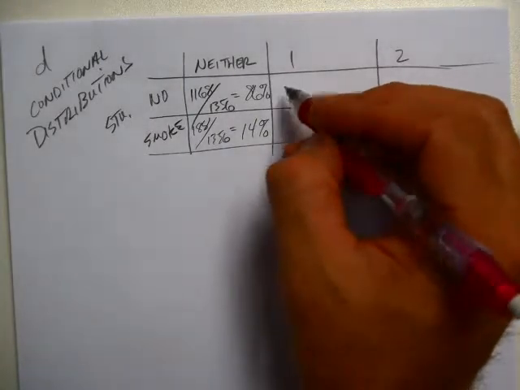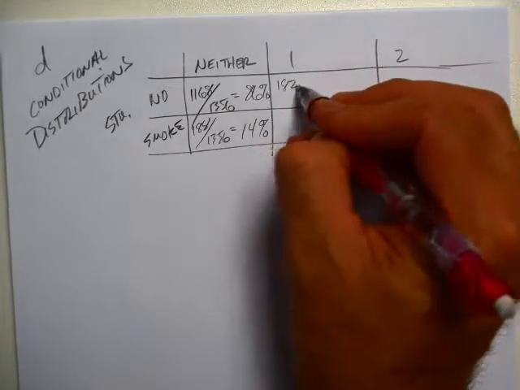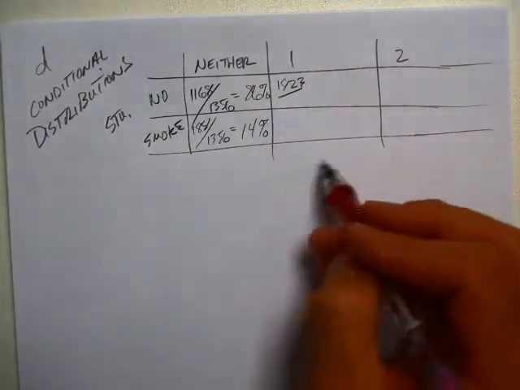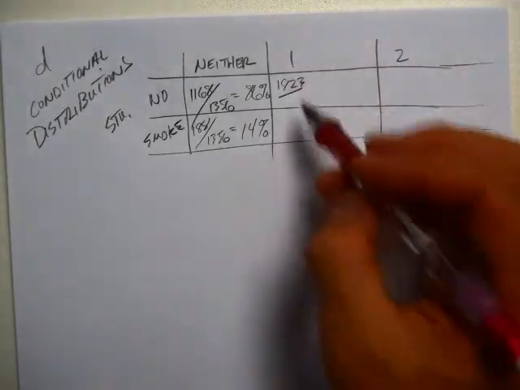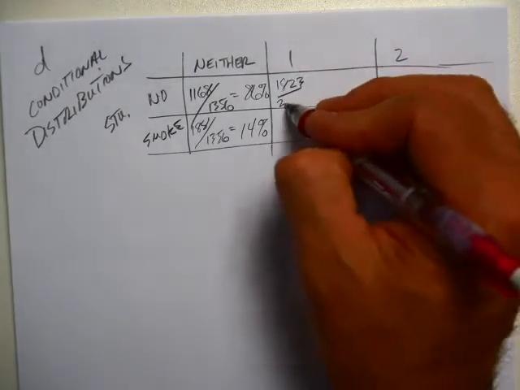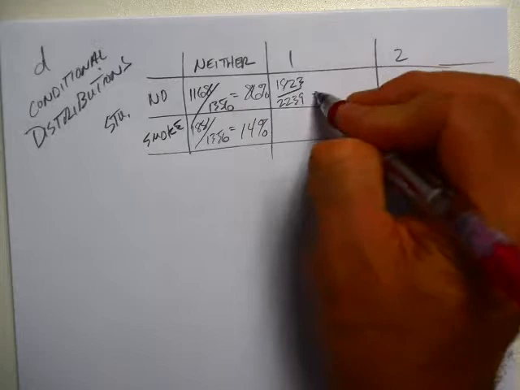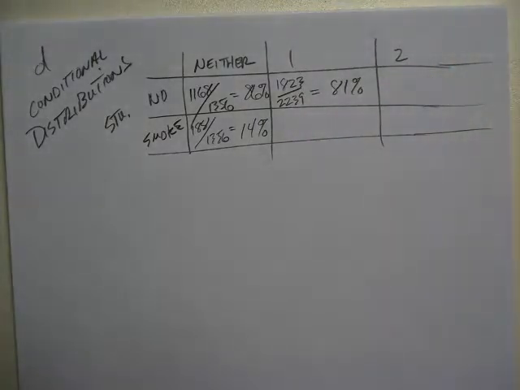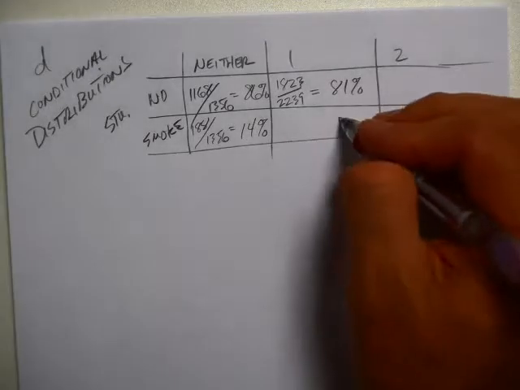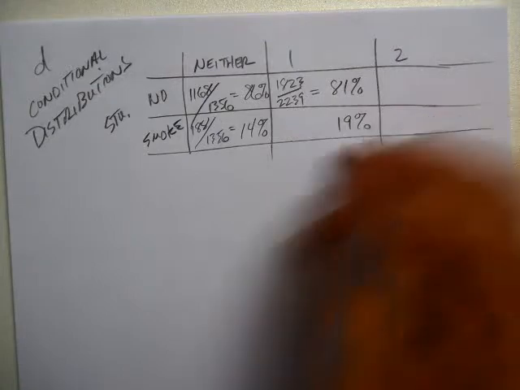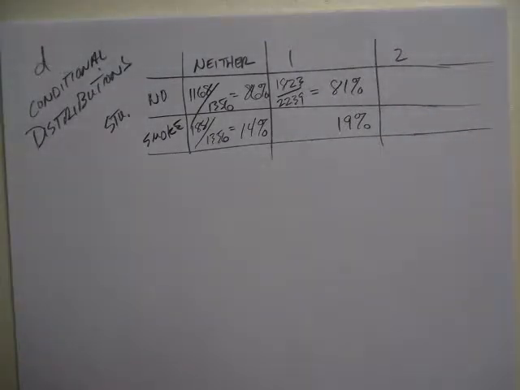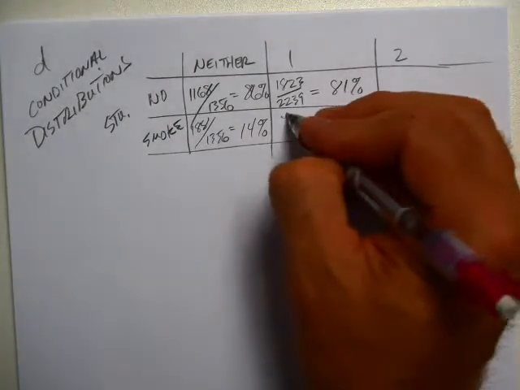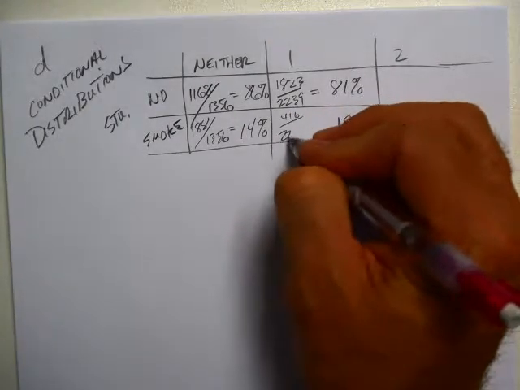So the next one's going to be 1823 divided by the total that we had in that column earlier, which is 2239, which is going to give us 81%, and 100 minus 81%, 19% smoke when one parent smokes, or 416 divided by 2239.